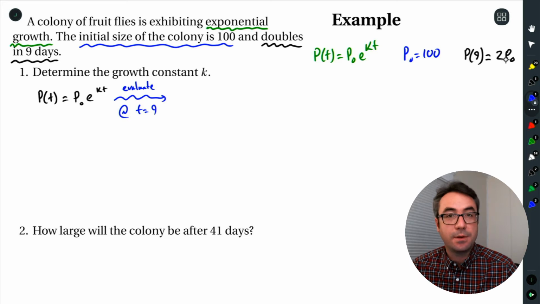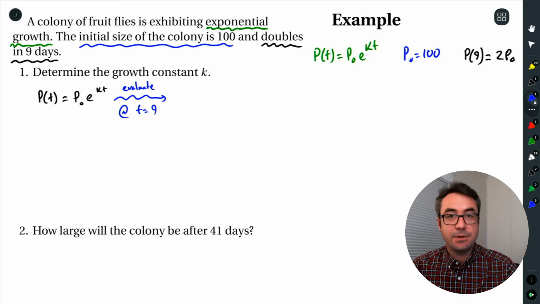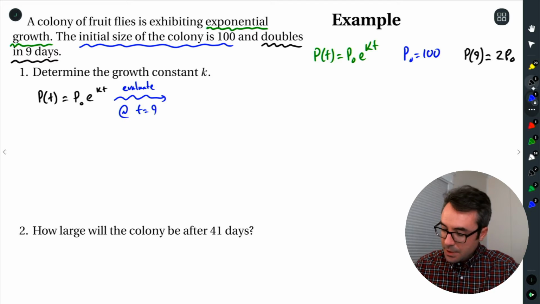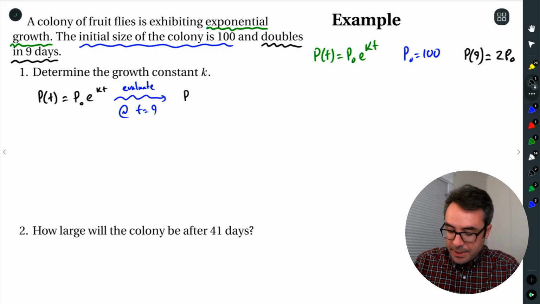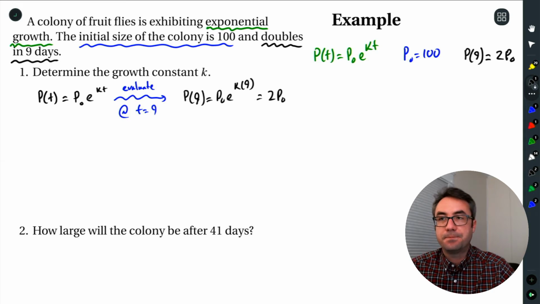It's going to be double our starting population. So that's why we're evaluating at t equals 9 here. If we plug 9 in, we get P of 9 is equal to our starting population, e raised to the k times 9. So we're plugging 9 in for t. And then since our population is doubled, we know this should be equal to 2 times our starting population.